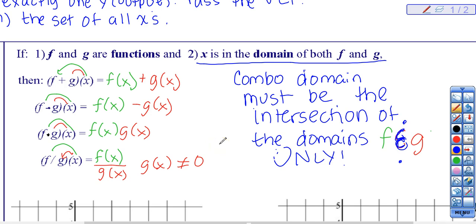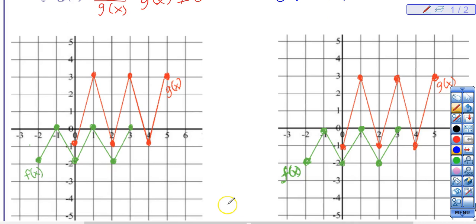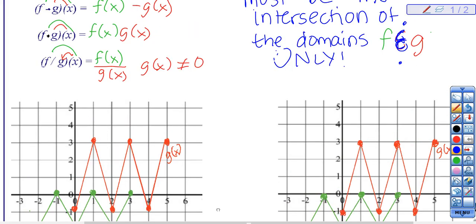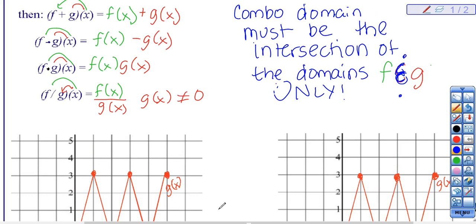Okay, so here's what we're going to do first. I would like you to notice that my pictures are colored and yours are not. So get out your red and green pen and just quickly color code those two functions.